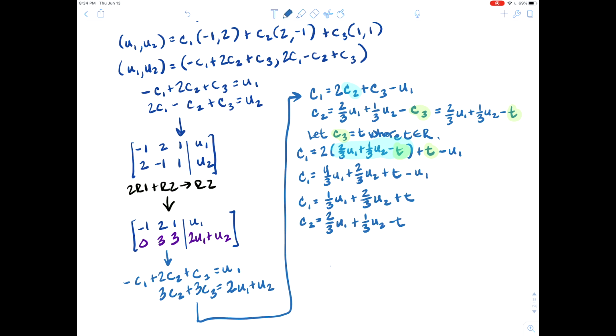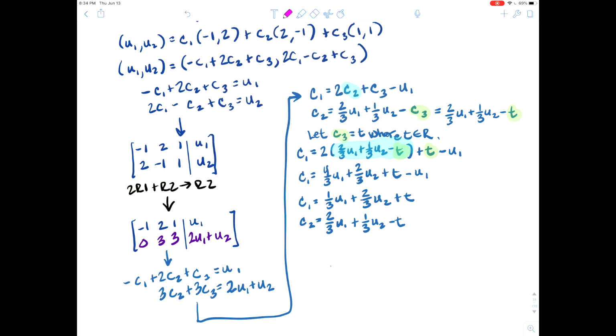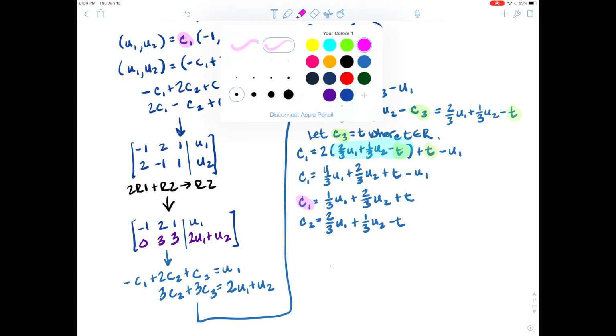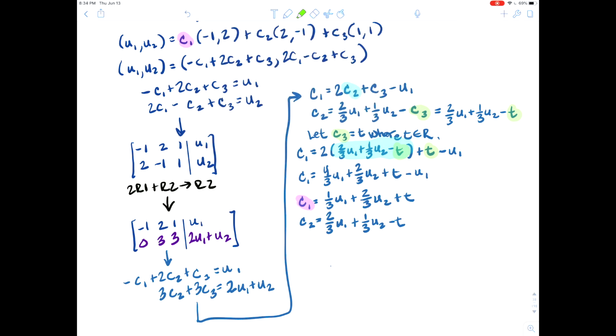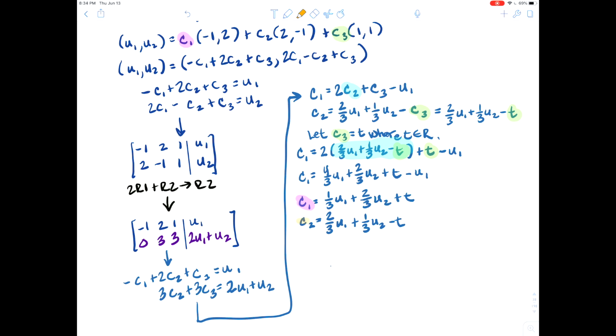And so writing these in terms of our system, we had this C1, and this is our simplified C1. We have that C3, some scalar. And then we have our C2, which is this expression here.